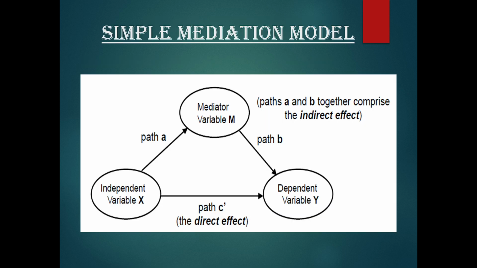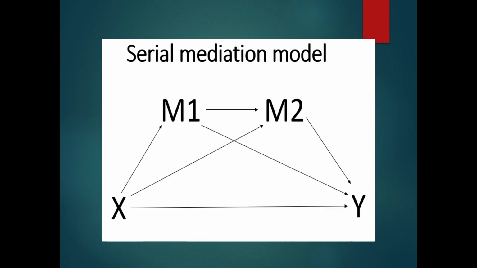Here we have the simple mediation model. As we can see, independent variable X to mediator variable M to dependent variable Y, with path A, which represents the relationship between X and M, path B, which shows the strength of the relationship between M and Y, and path C dash, which shows the direct effect.